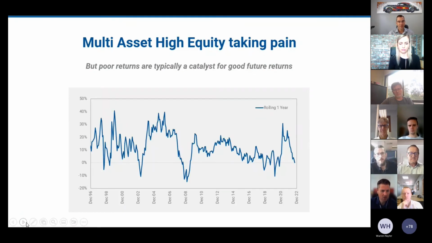And then finally, in terms of just looking at the various returns that one can get, I've taken the multi-asset high equity average fund and looked at their returns over a rolling 1-year period going back into the 90s. You can see that we're currently sitting where the average multi-asset high equity fund has done 0% return over the past 12 months.